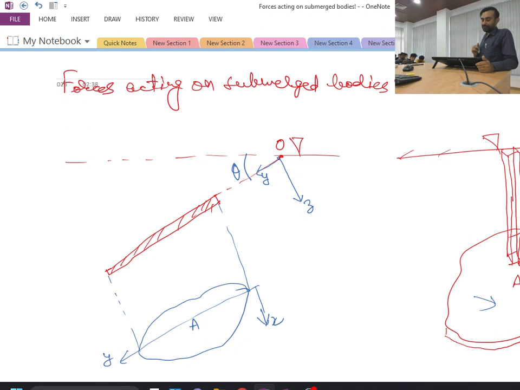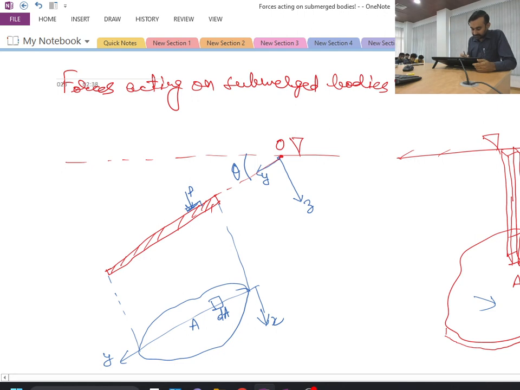Now if I take any arbitrary area dA over here, so for example any elemental area dA I have taken over here, this dA will be subjected to some pressure. Let's consider that it is subjected to pressure P, and as the pressure force acts normal to the surface, I am drawing the direction of this pressure as normal to this.